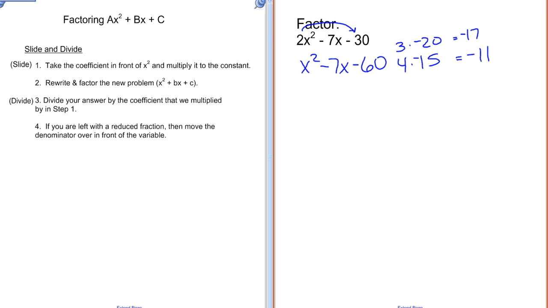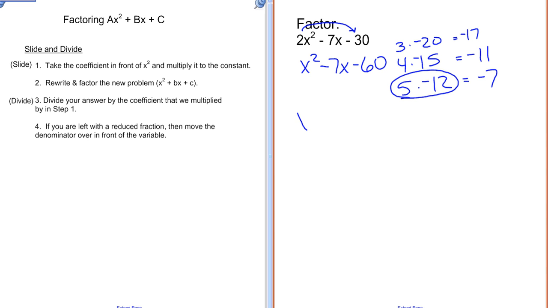And let's see, we can go 5 and negative 12. And so 5 times negative 12 would give me a negative 7. And so this would be it. And you can see sometimes it gets a little bit tougher. And had I needed a positive 7, then I simply would have reduced the negative and the positive. But this is going to work right here.